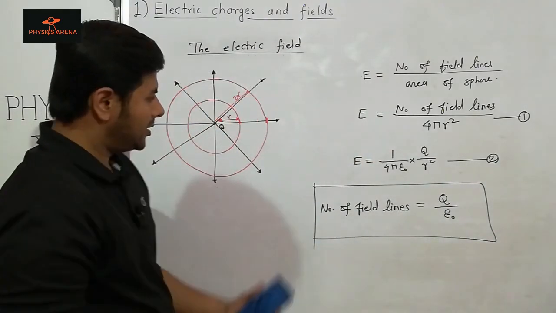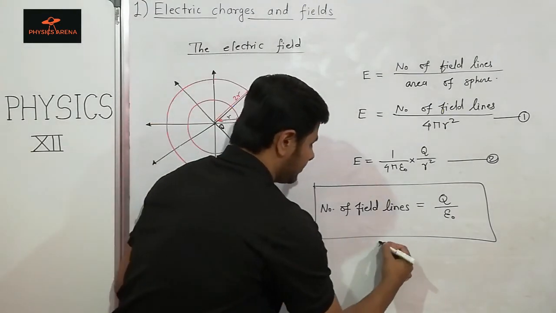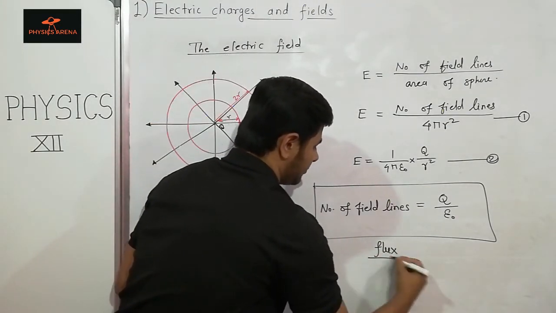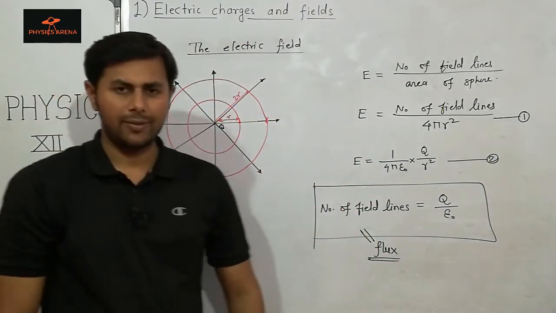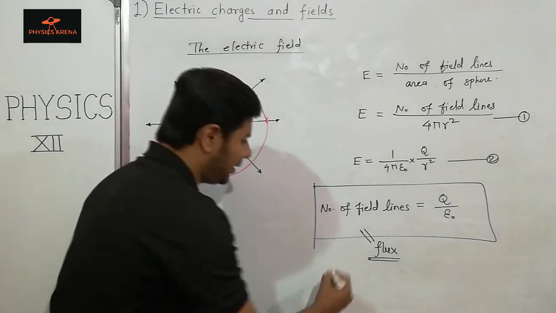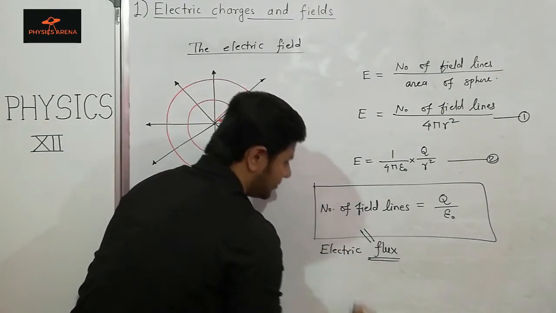And the number of field lines passing normally through an area is called flux. So the number of field lines, we call it flux or the electric flux, because these are electric field lines.